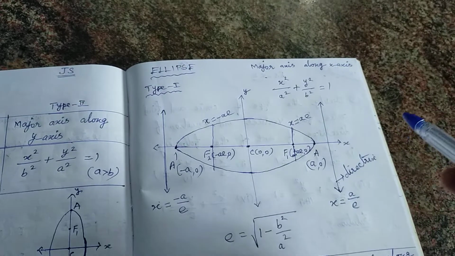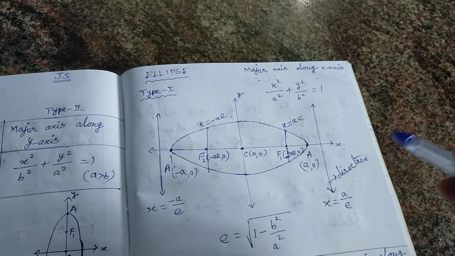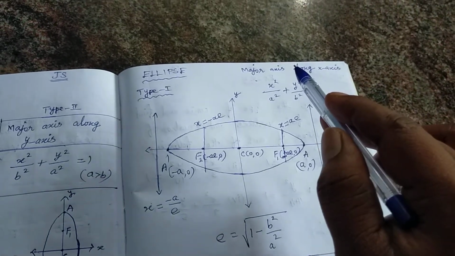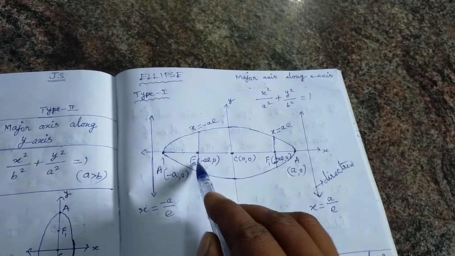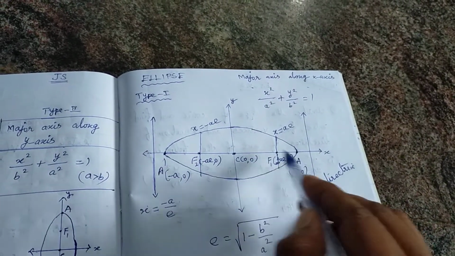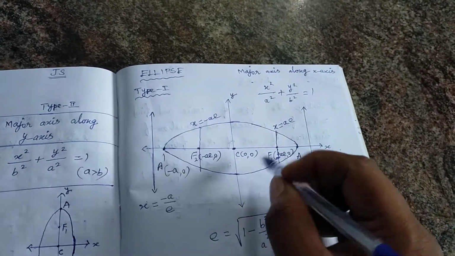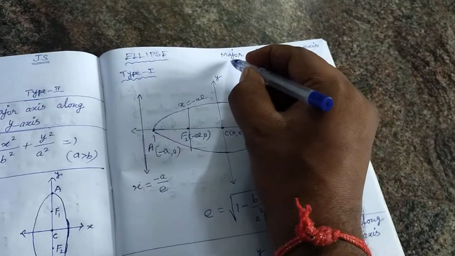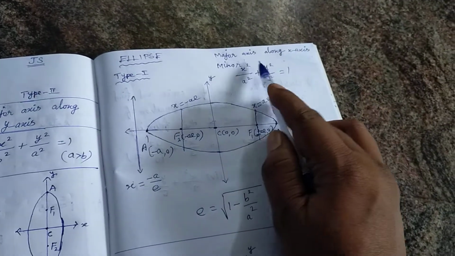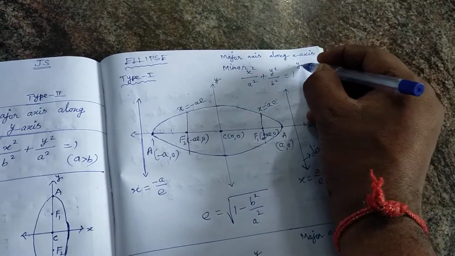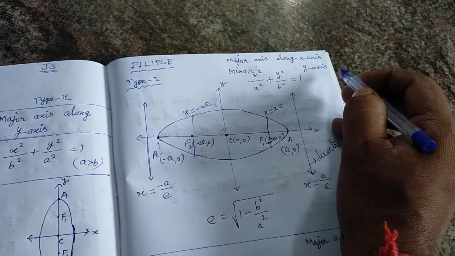The axis which contains the center, foci, and vertices is called the major axis. What about the y-axis? The y-axis is called the minor axis. The opposite of major is minor, isn't it children? So the minor axis is along the y-axis. Major axis is the x-axis, minor axis is the y-axis.